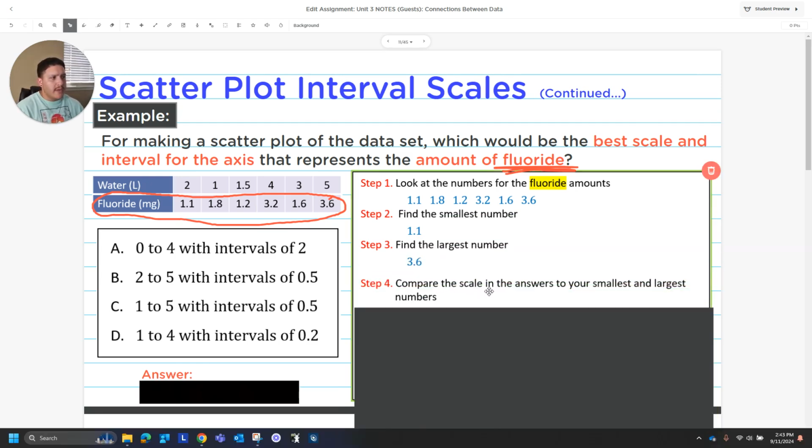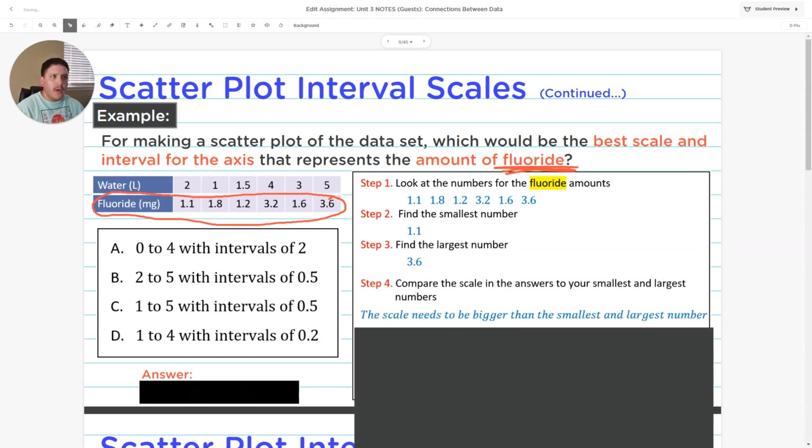Step 4, compare the scale and the answers to your smallest and largest numbers. So I have a typo in here. The scale needs to contain the smallest and largest number. So our smallest was 1.1 and then our largest was 3.6. So from 0 to 4, does it contain 1.1 and 3.6? Yes, it does.